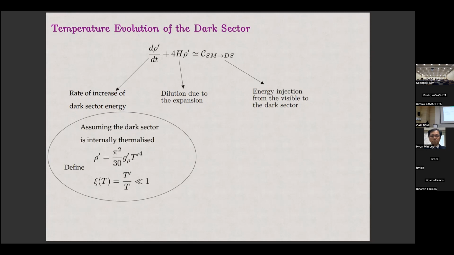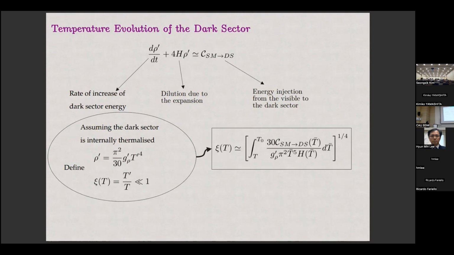Now if we assume that the dark sector is internally thermalized, one can write rho prime proportional to T prime to the power 4, and defining xi as T prime by T, one can write this parameter xi as a function of the standard model bath temperature.